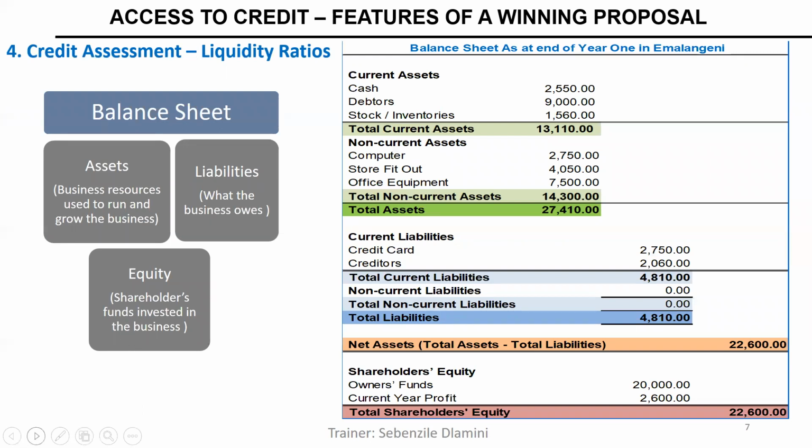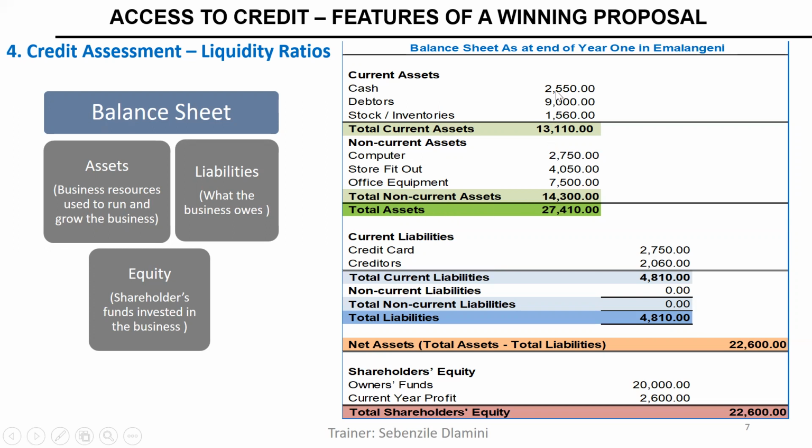Now we will talk about liquidity ratios. I have presented an example of a balance sheet so that you can see where this data comes from. You have current assets and non-current assets. When you add the two, you get total assets.